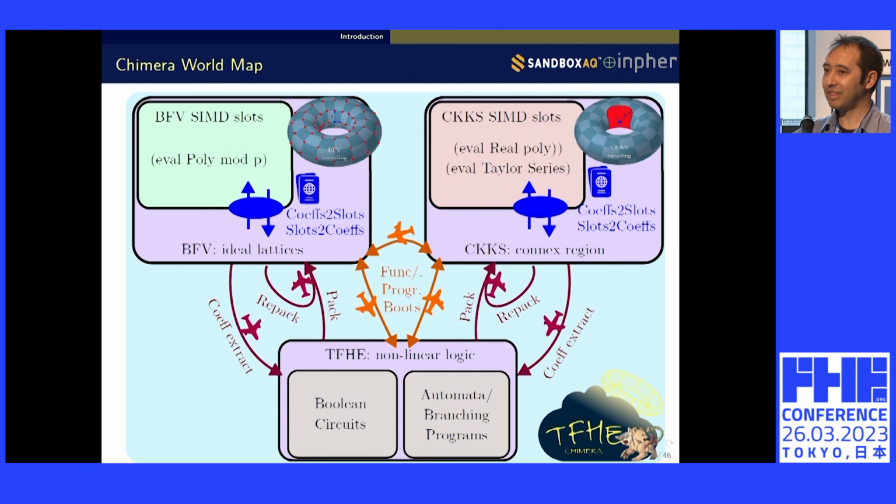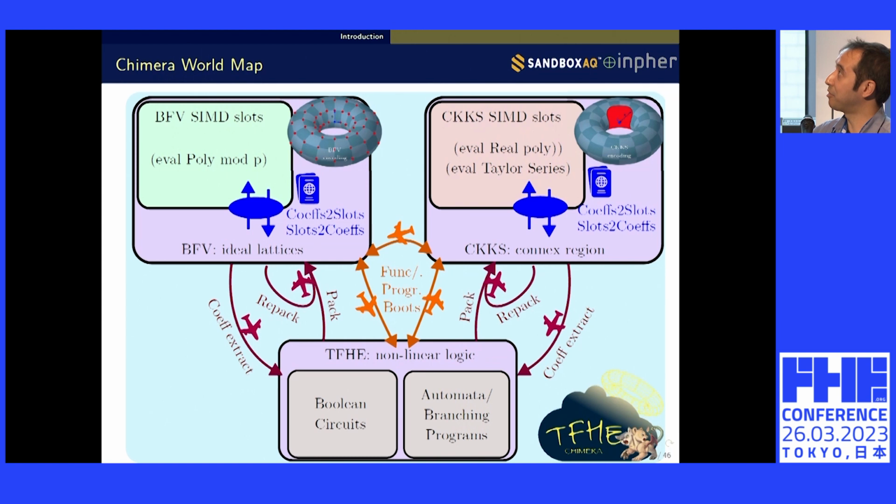So you have element-wise addition, element-wise multiplication. You have some rotations. On the right, you have the CKKS world, where you can have SIMD operation over fixed points. So again, element-wise addition, element-wise multiplication, and a few rotations. At the bottom, we have the TFHE world with the Boolean circuits, the automata, branching programs, lookup tables.